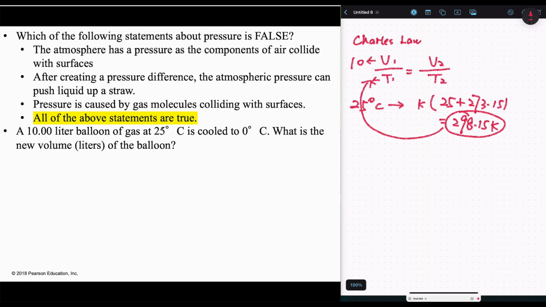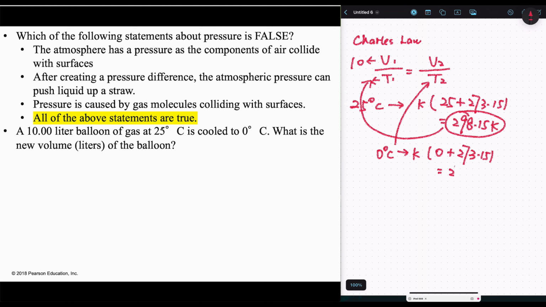This is an initial condition for the gas. Then the statement says when it is cooled to 0 degrees, what will be the new volume? So basically it is giving T2. T2 will be 0 degrees converted into Kelvin. That will be 0 plus 273.15.